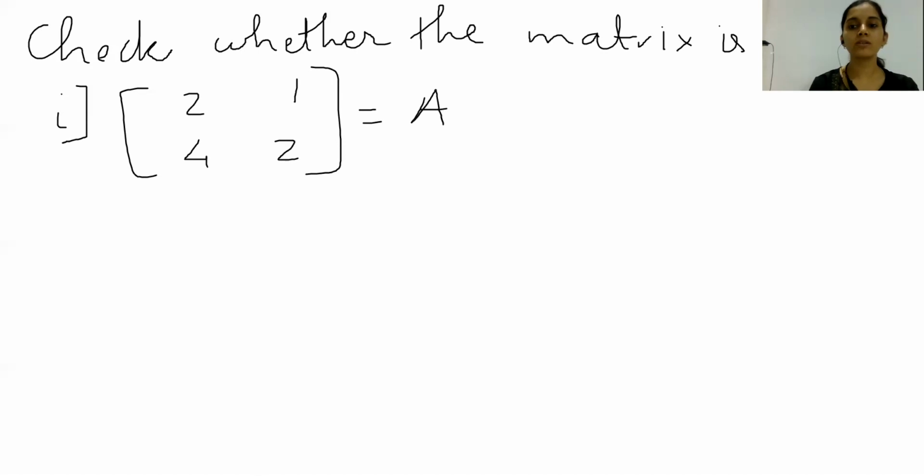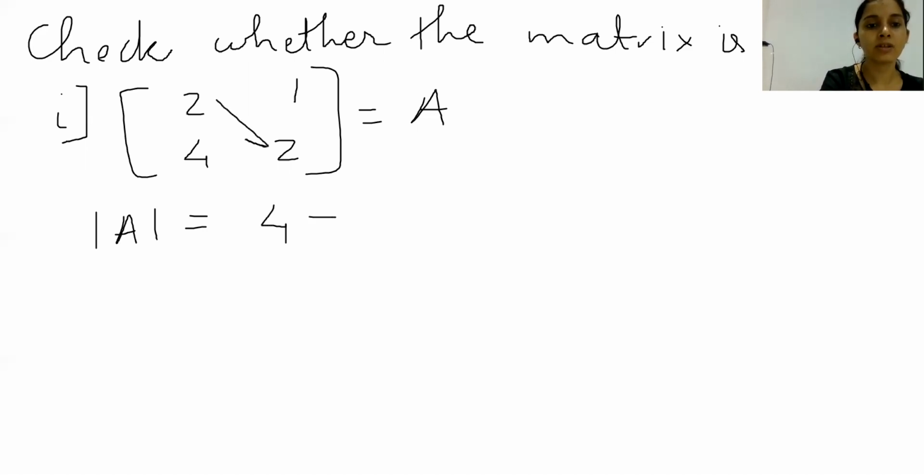How to check whether the matrix is invertible? Find its determinant. So how do we find the determinant of a 2 by 2 matrix? Multiply the diagonal elements and subtract. So 2 into 2, 4, minus 4 into 1, 4. So the answer is 0. Now determinant of A is equal to 0.